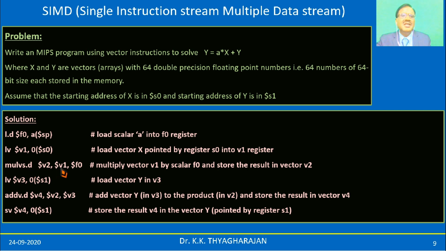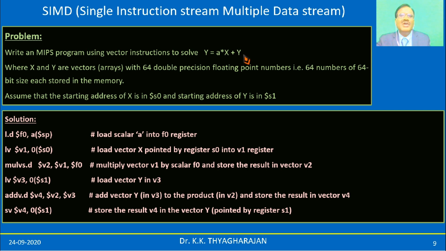In this case, V1 is the vector and F0 is the scalar. So this scalar will be multiplied with each element in the vector and the result will be stored in another vector register V2. Right? Now this A into X is over, and that result is available in V2.